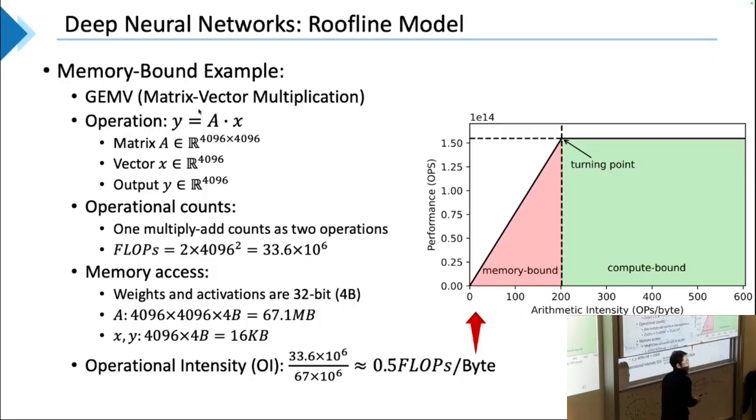This is the first purpose of the roofline model. It helps you understand how far your implementation is from the theoretical performance, which is actually this point. So if you are a kernel developer, this model will help you see, okay, I'm in the memory bound region, and how far my implementation is from the peak performance.